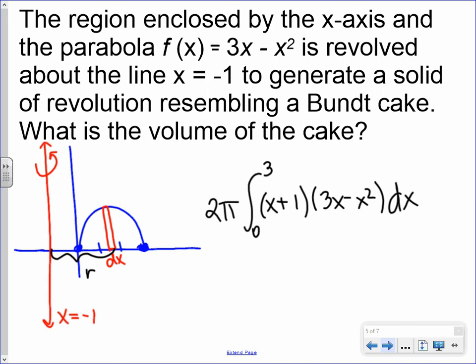All right. Can you find me the volume of the bundt cake? How much cake do we have to disperse? 22.5 pi is the volume of 1 bundt cake. 22 and a half pi. Okay. So there's 15 of us.